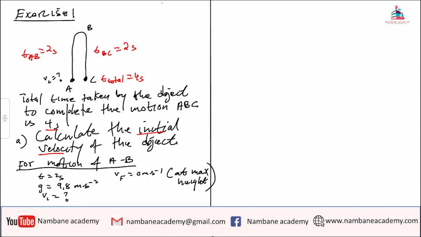Ladies and gentlemen, with that, it means when I check the equations that I can use, I can just say VF is equals to VI plus GT. This is 0. Choice of direction. The same mistake that majority of us will do. So I am going to choose upward as positive, which means V initial plus minus 9.8 multiplied by 2.